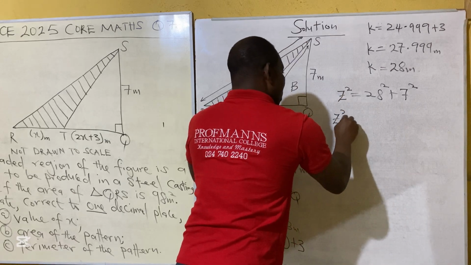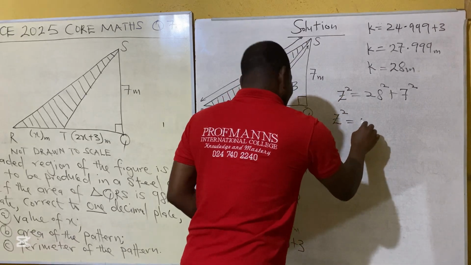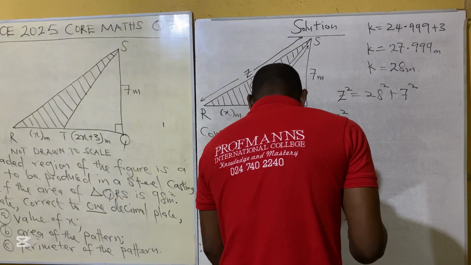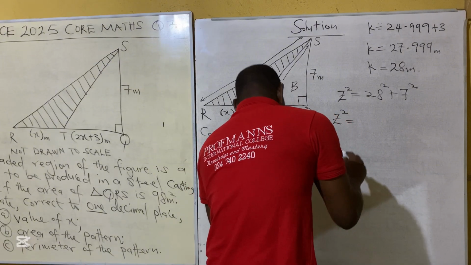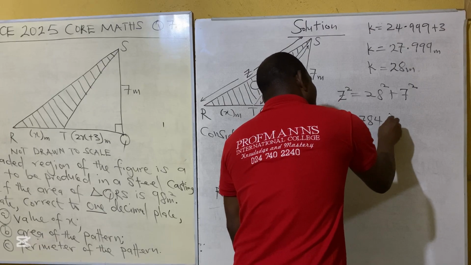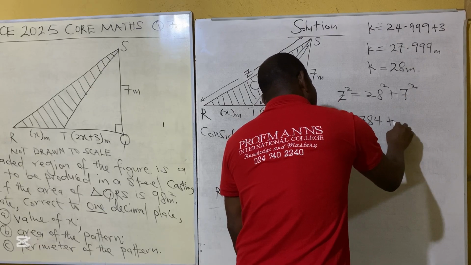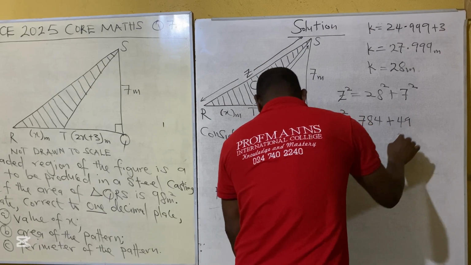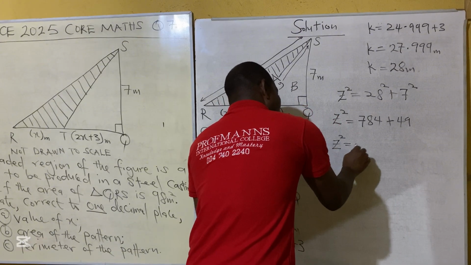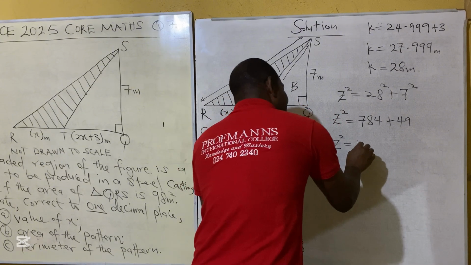So z squared is equal to 28 squared, which gives us 784, plus 7 squared, 49.